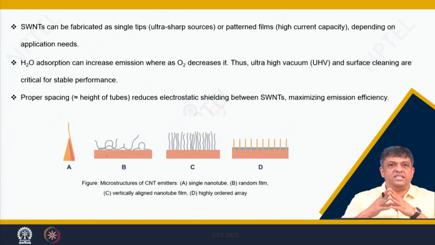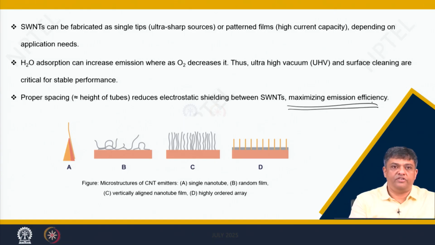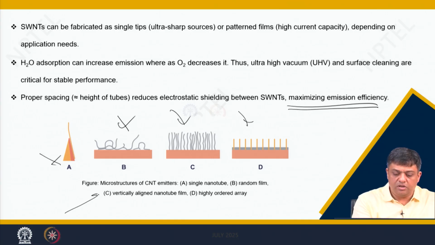If you look into these systems even further, you will find that you can use such emitters and you can get various kinds of configurations which would maximize the emission efficiencies. So, you can have various types of configurations and you can then maximize the emission.